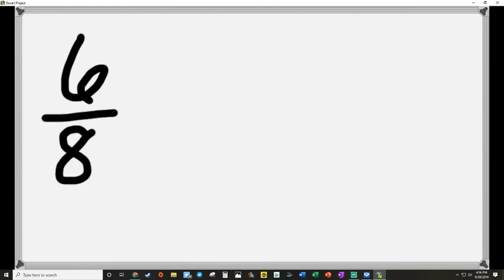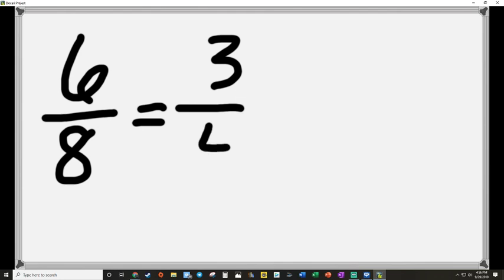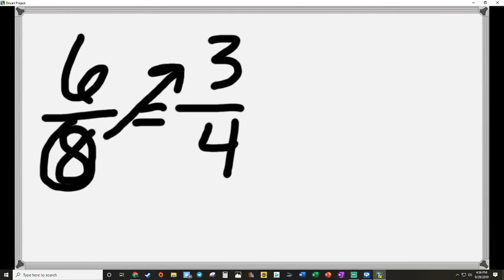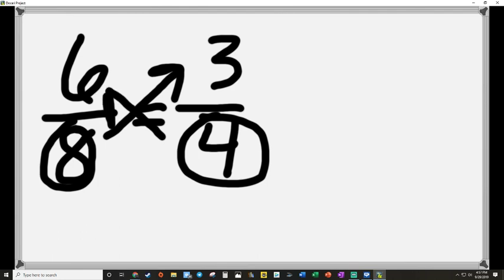Now, a proportion is two ratios of equal value. So in the example, we have 6/8 equals 3/4. You can check if two ratios are equal by using cross multiplication. What cross multiplication is, you multiply this bottom number times that top number, then multiply this bottom number times that top number.